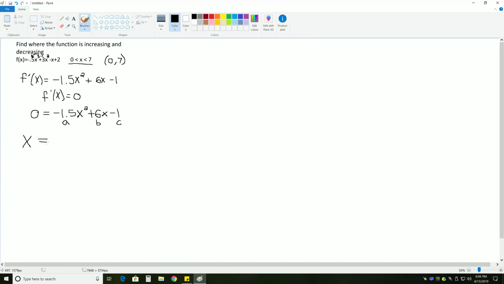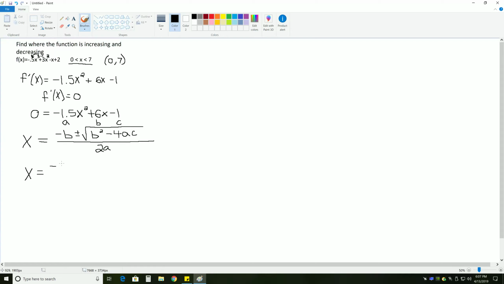Then we say that x equals negative b plus or minus the square root of b squared minus 4ac all over 2a. So we can just plug in our values and this will give us our partition numbers.